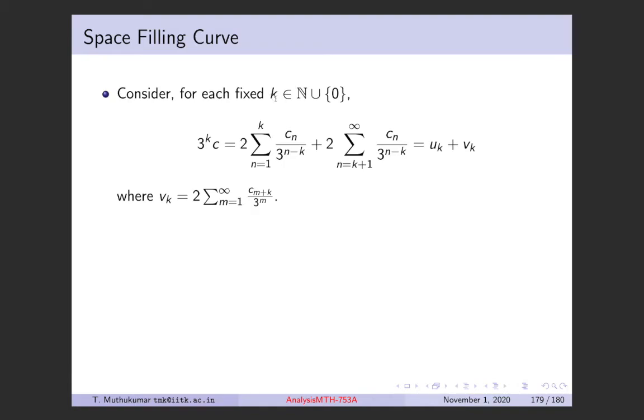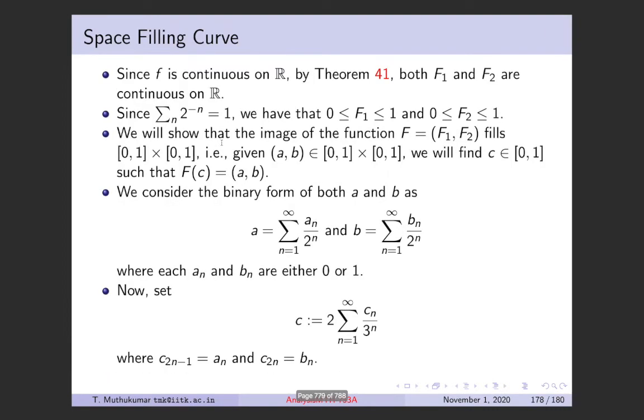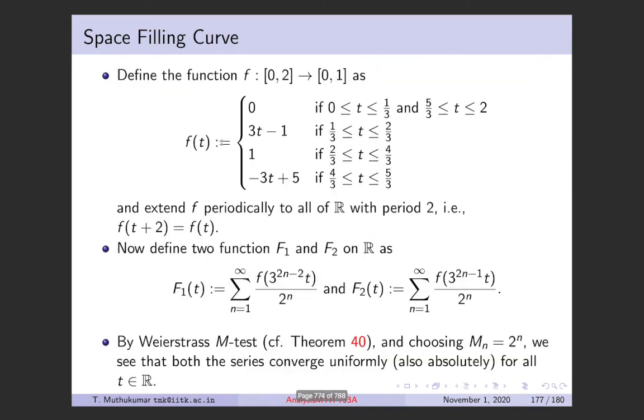Now you fix a non-negative integer k and look at what is 3 power k times c, right? The reason why you are looking at 3 power k times c is that this is what we want. By our definition, f1 of t involves f of 3 power something of t, and f2 of t involves f of 3 power something else of t.